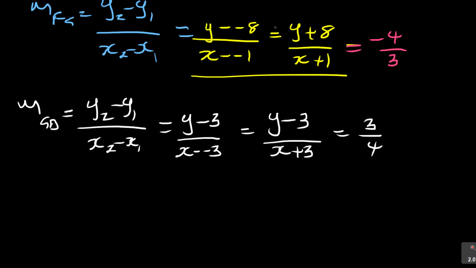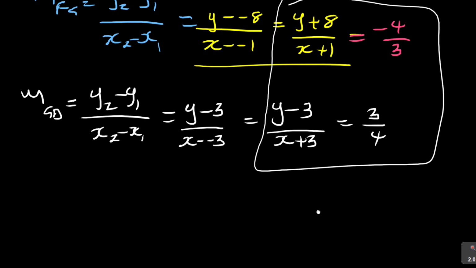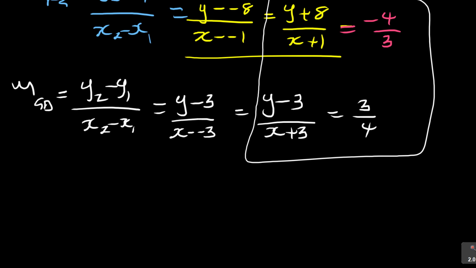You take now these, you solve for x. These are two equations. So what you're trying to say is y plus 8 over x plus 1 is equal to minus 4 over 3. Right?